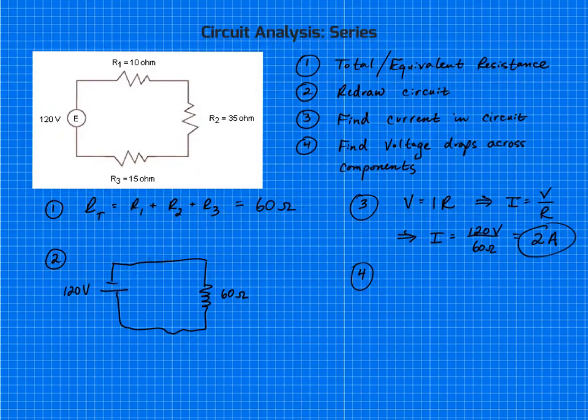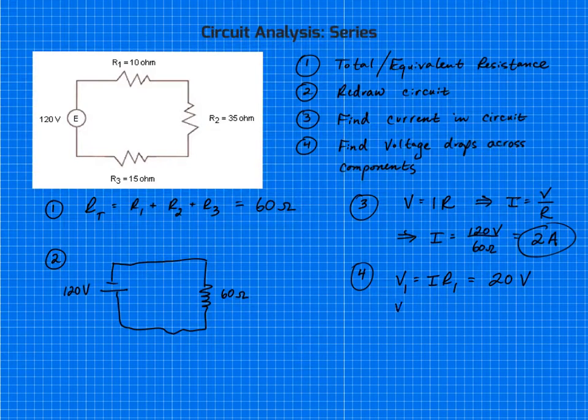Okay, so if I'm looking at resistor 1, and I'm going to call this V1, I know that V1 is going to be equal to the current times resistor 1. If we do that math, we're going to get a value of 20 volts, okay, because I'm going to have my 2 amp current times my 10 ohms.